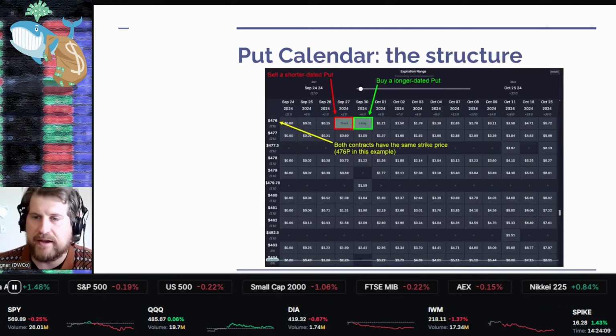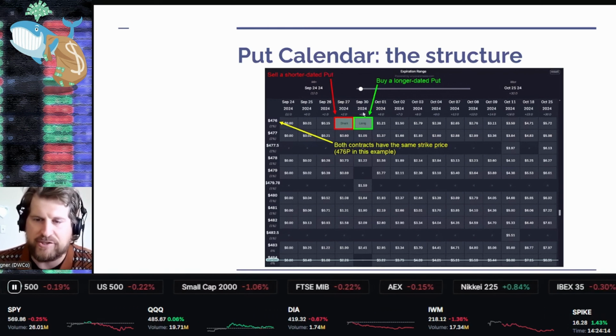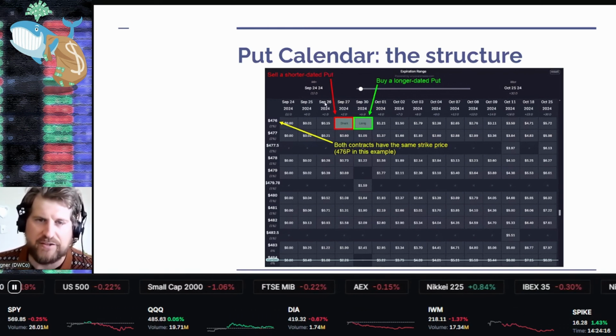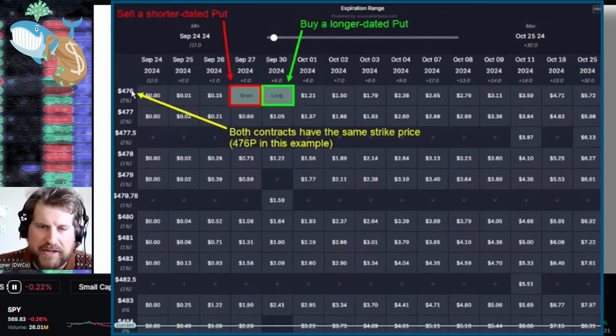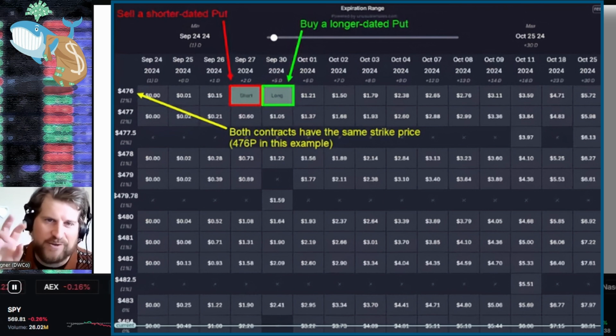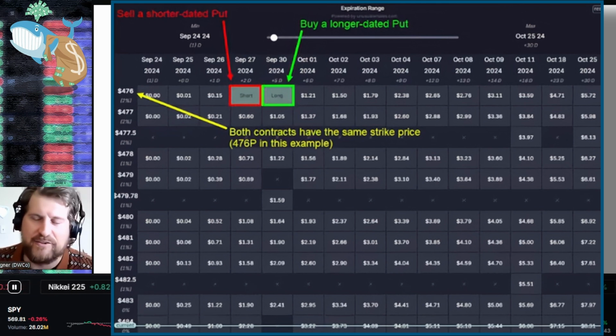So I know I've mentioned this a few times, but I want to make sure that we really nail it here. In this example, we're looking at QQQ, the NASDAQ 100 ETF, from the Unusual Whales Option Profit Calculator, which lends nicely to that horizontal spread idea because you're going horizontal instead of vertical here.